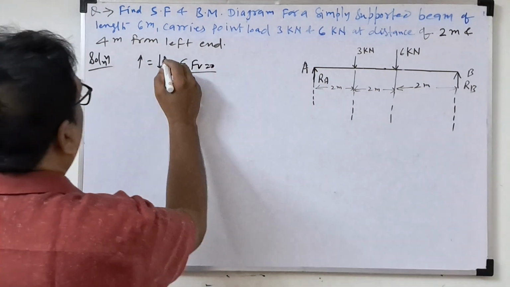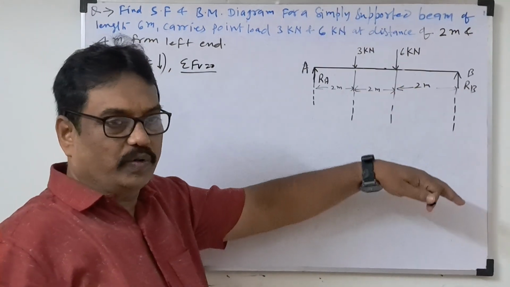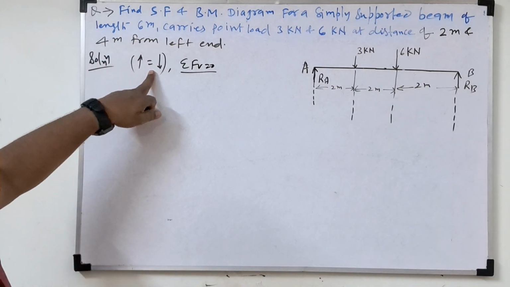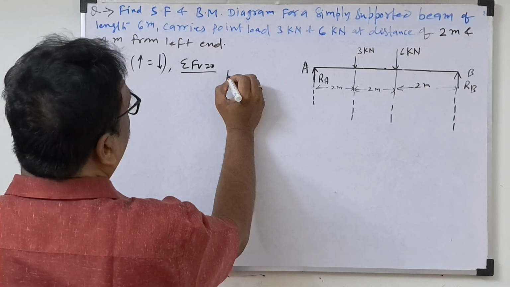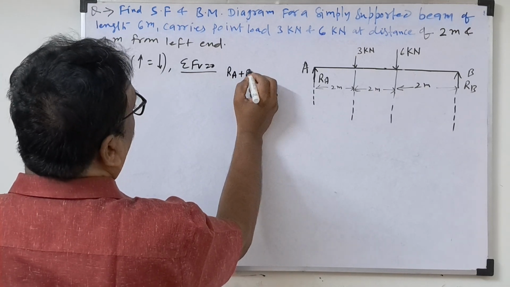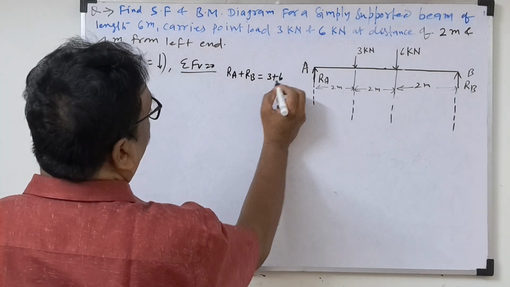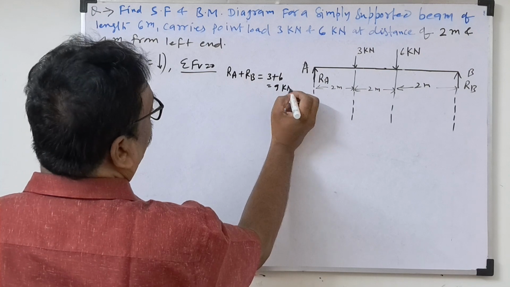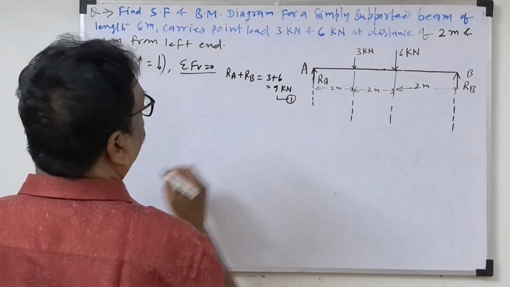Upward force will be positive, downward force will be negative. Finally, total upward force equals total downward force. So we can write RA plus RB, the upward force, equals 3 plus 6 equals 9 kilonewton. Give this equation number 1.